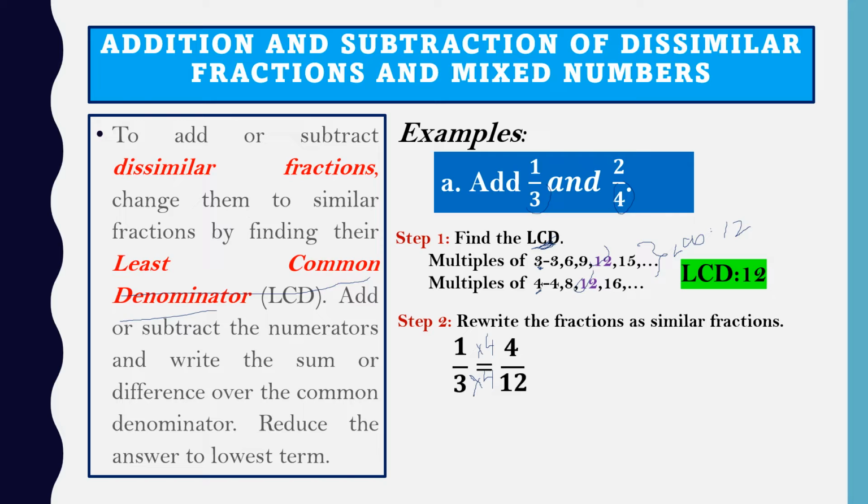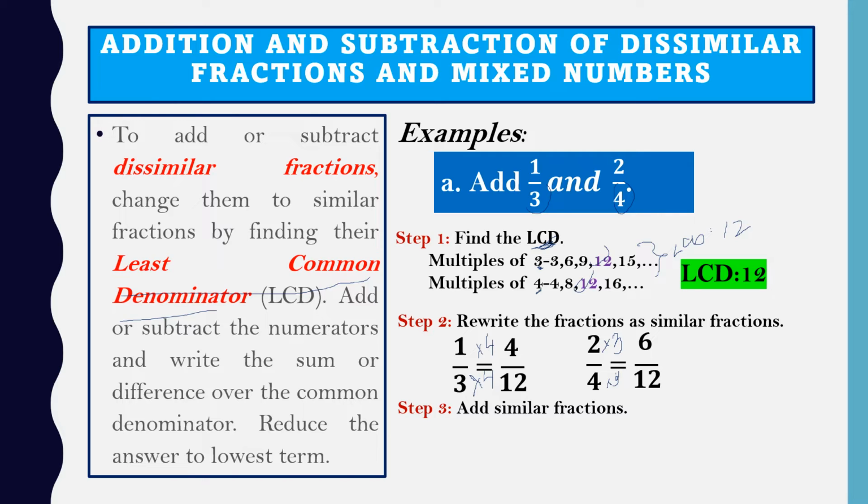So the equivalent of 1/3 is 4 over 12. And then 2/4 on the other hand, we have 12 again as the denominator, and we multiply 4 by 3 to obtain 12. Of course, when we multiply 3 to the denominator, we have to multiply it with the numerator. So we have 2 times 3 is equal to 6. So the equivalent of 2/4 when we change the denominator into 12 is 6 over 12.